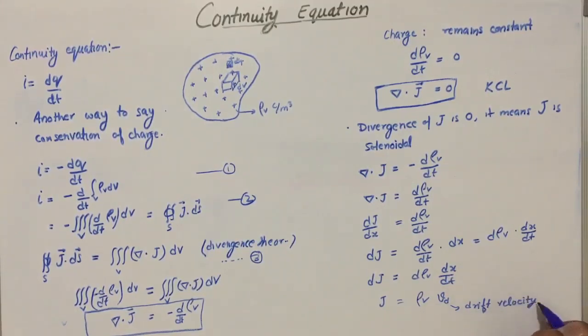I think you are all familiar with the drift velocity, so no need to discuss it here again. And ρv can be written as the number of free electrons, that is Ne. So J can further be modified as N e Vd.